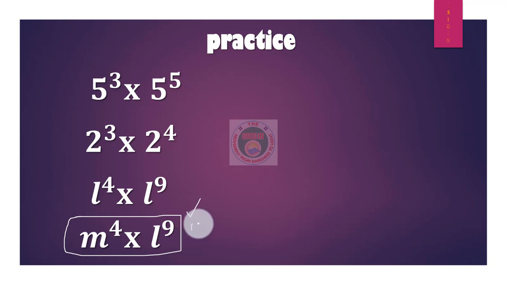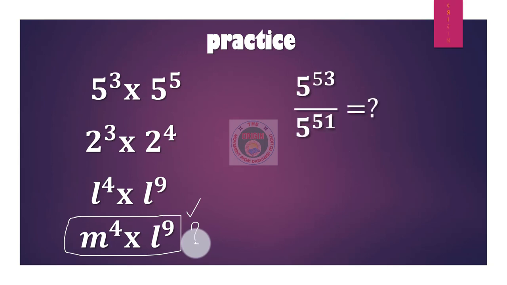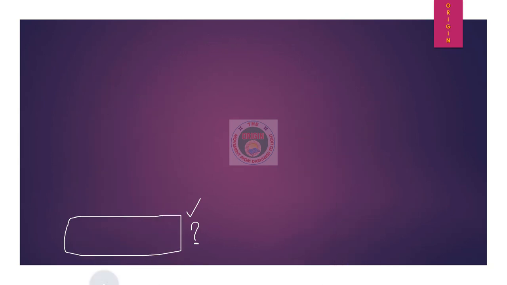You should write down the reason. What is your opinion about this? And 5 power 53 by 5 power 51. Q power 7 by Q power 3. Practice these problems. Rule 1, rule 2, rule 3 are very, very important. Write down the classwork. Thank you students.